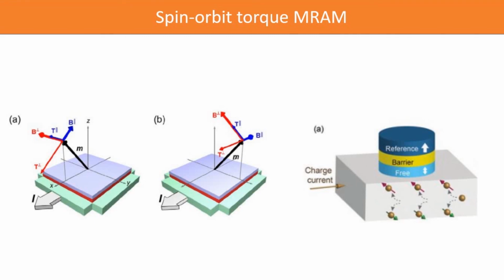Its feature is switching of the free magnetic layer done by injecting an in-plane current in an adjacent SOT layer. Unlike STT MRAM, where the current is injected perpendicularly into the magnetic tunnel junction, and the read and write operation is performed through the same path.